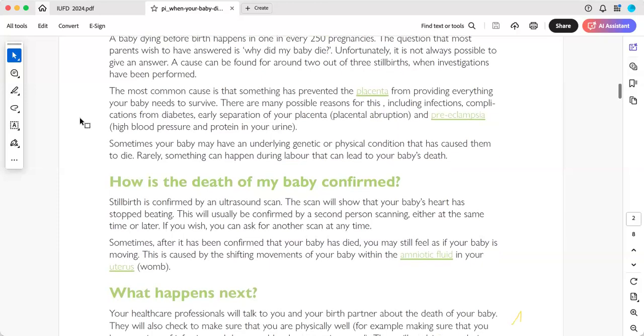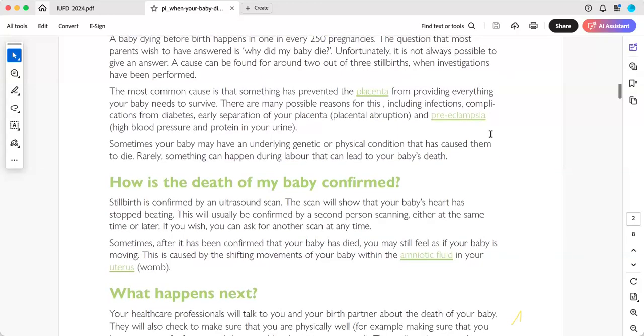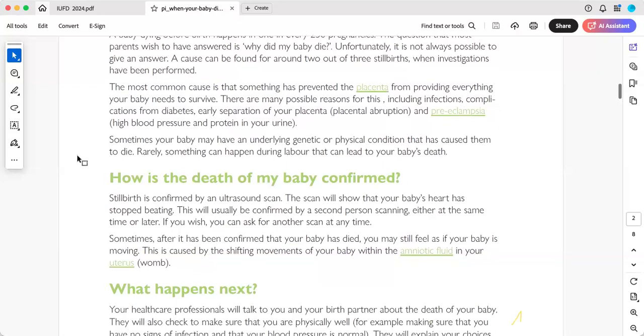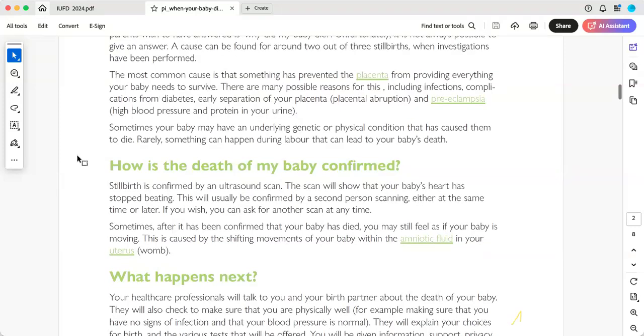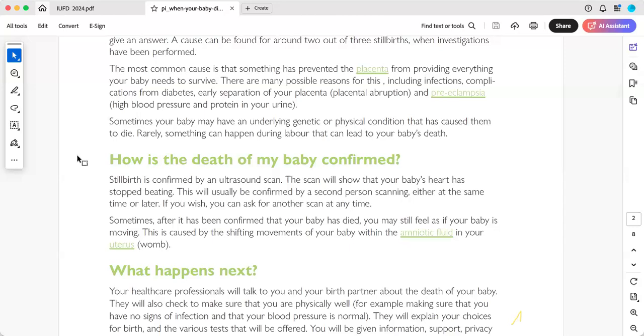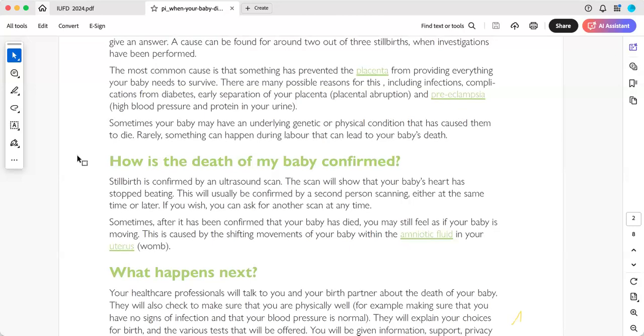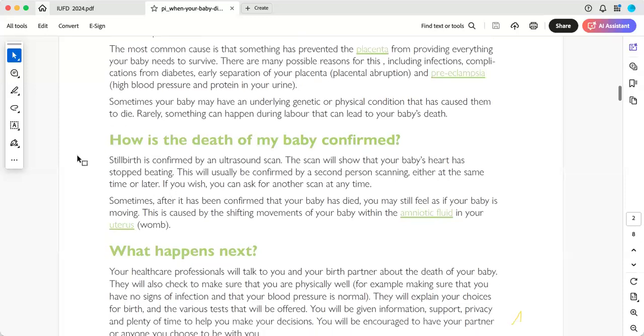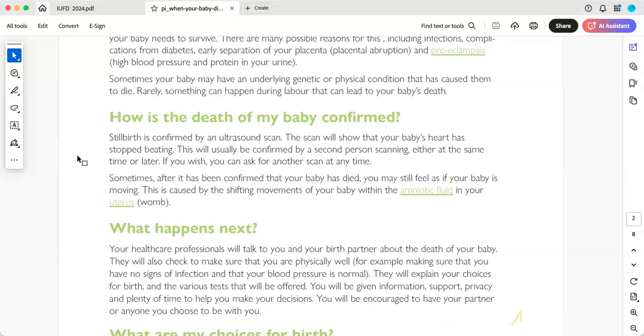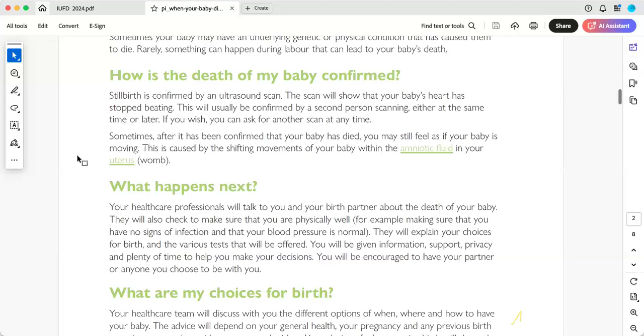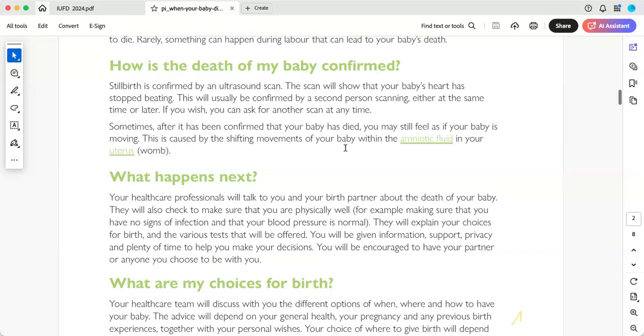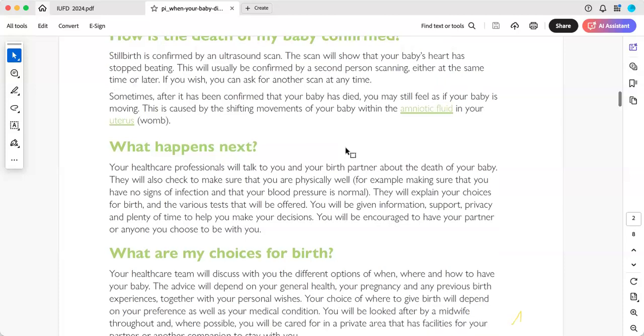The most common cause is that something has prevented the placenta from providing everything the baby needs to survive. Possible reasons include infection, complications from diabetes, early separation of the placenta, or preeclampsia. Sometimes the baby has an underlying genetic or physical condition that caused them to die. Rarely, something can happen during labor that might lead to the baby's death. They might also ask about confirmation of the baby's death, and this is by ultrasound, of course.